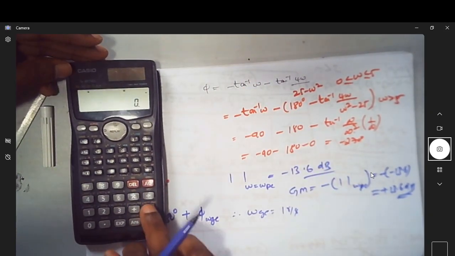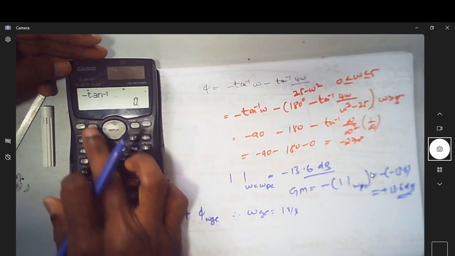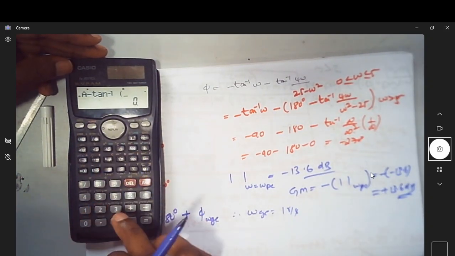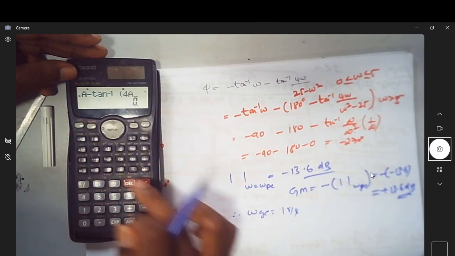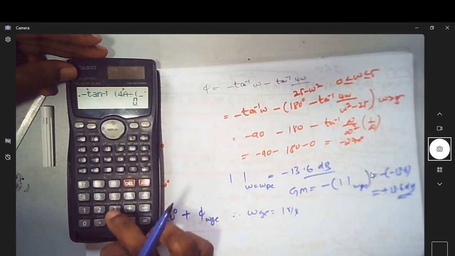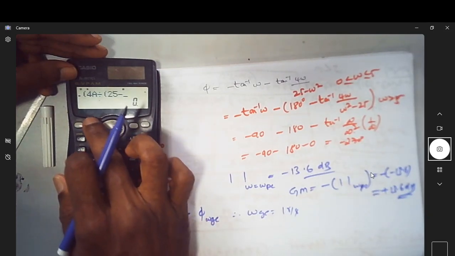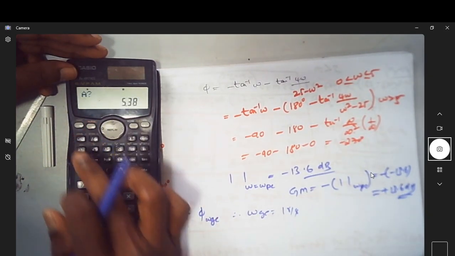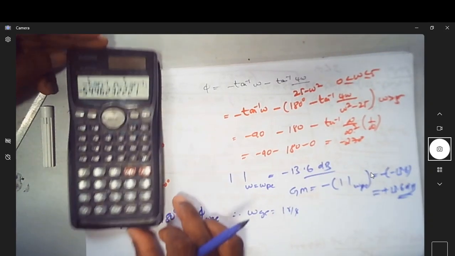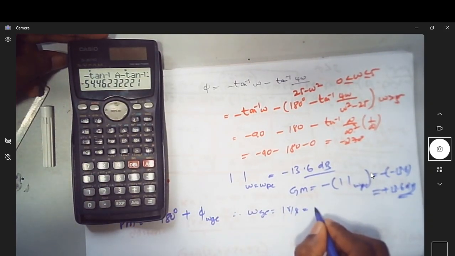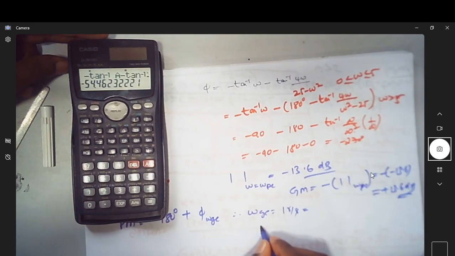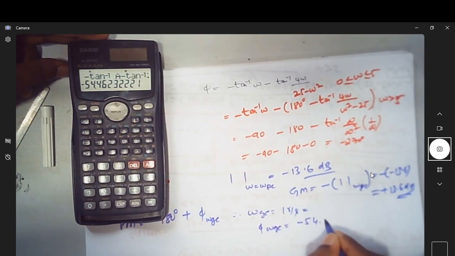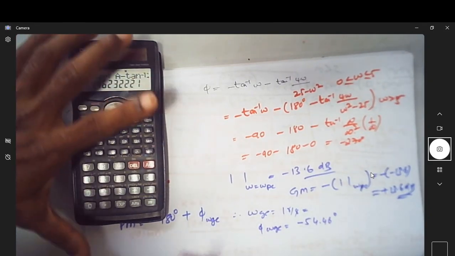Is it not minus tan inverse of alpha A minus tan inverse of 4 alpha A divided by 25 minus alpha A square, close the parenthesis, calculate for 1. Can you see, phi of omega GC is minus 54.46 degree.